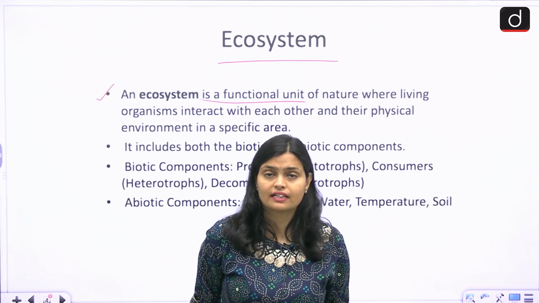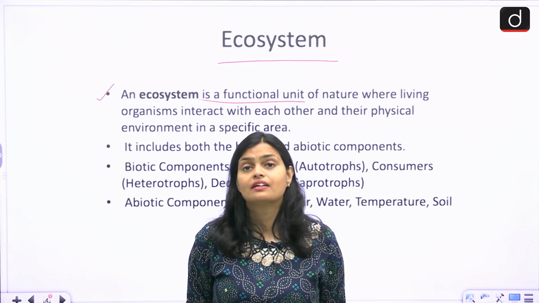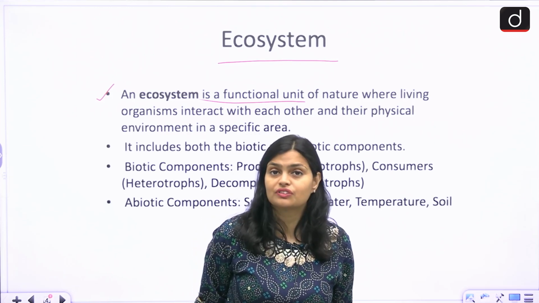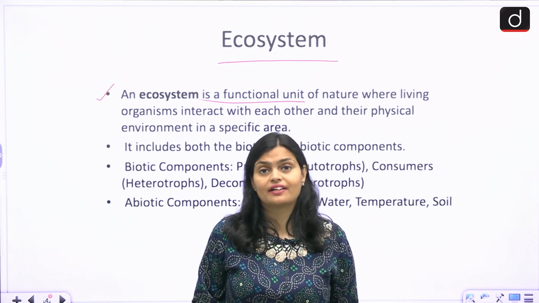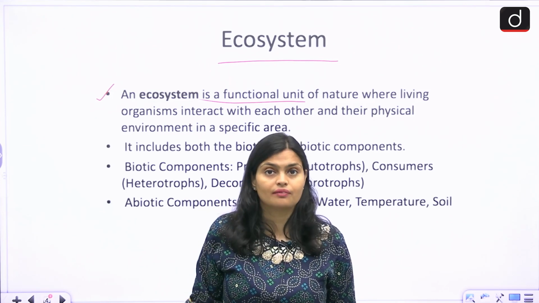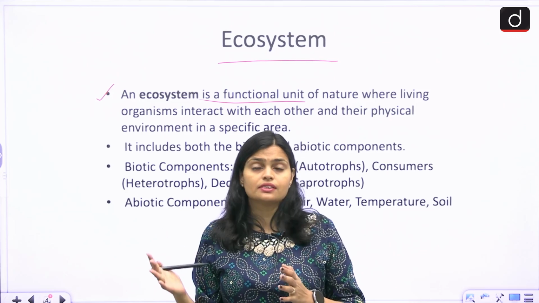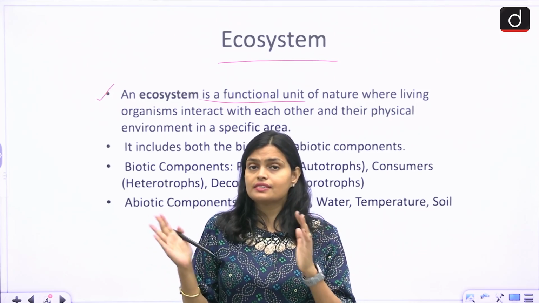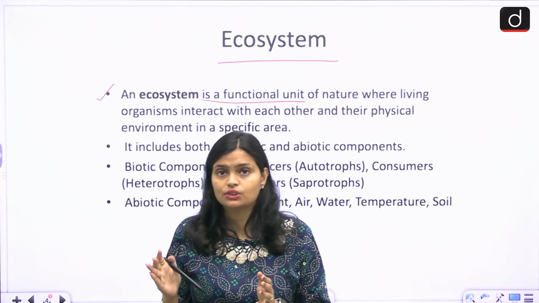Everybody is interacting. A bird lives on trees, they prepare their nest over the tree. So this is what we call interaction, how we are related, how we are connected with each other. So in an ecosystem, the living organisms are interconnected with each other.